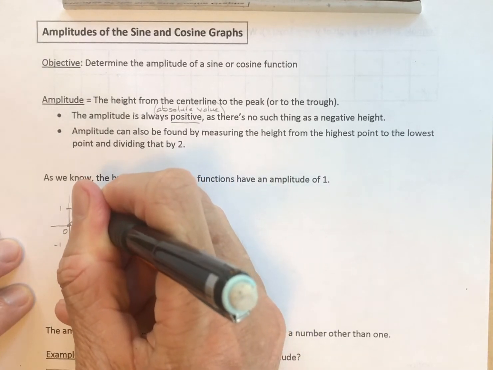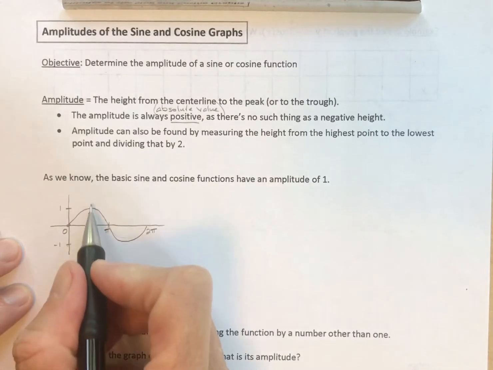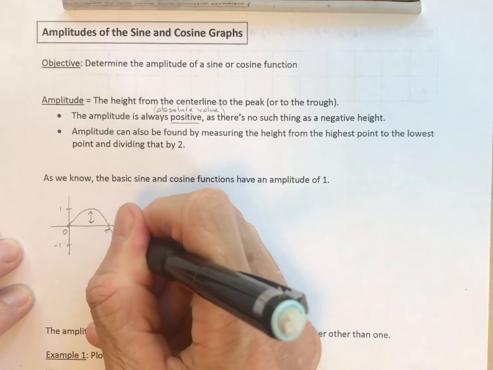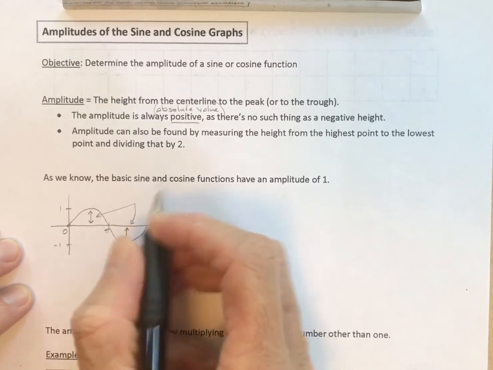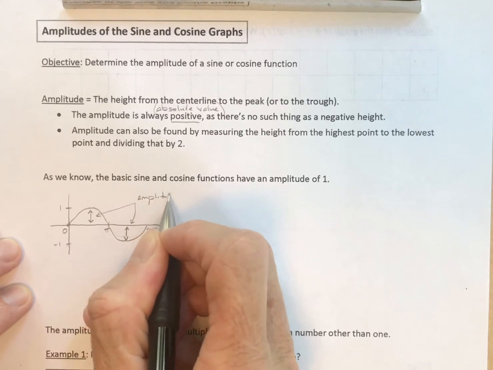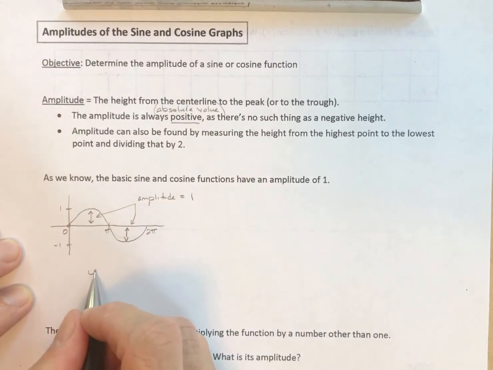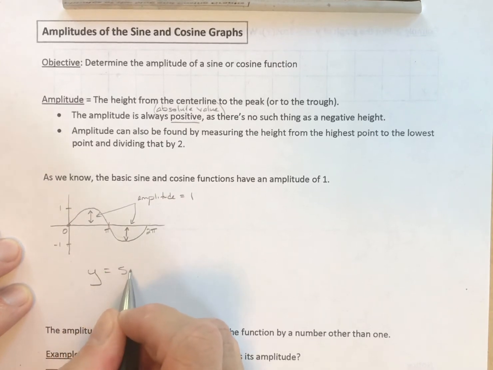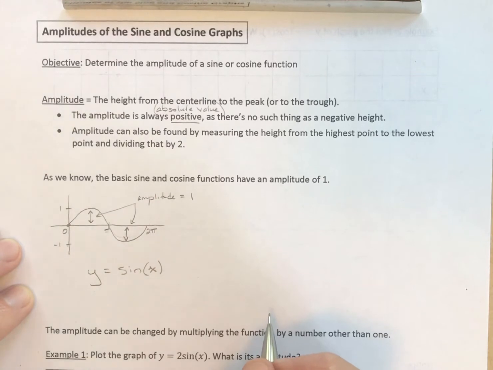So if we go from the center line to the peak, or from the center line to the trough, this is the amplitude, which equals 1. Now I can rewrite y equals sine of x, and it'll help us see how this lesson is going to go.